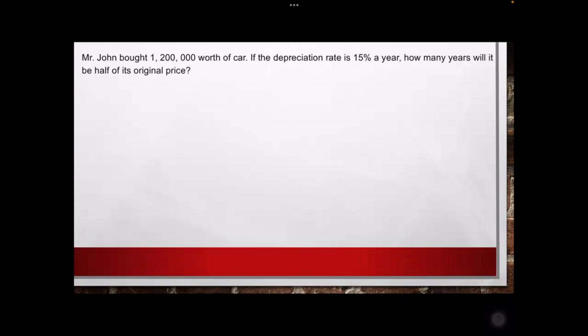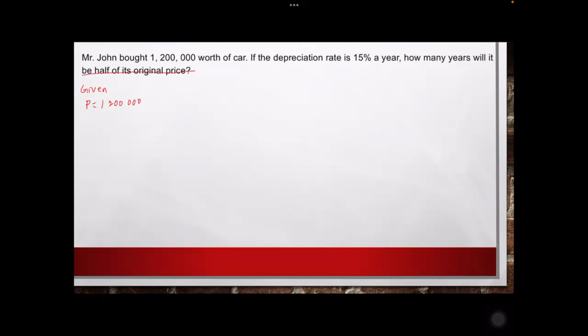So, let's identify the given. Yung P natin dito is the 1,200,000. Tapos, depreciate. So, nakalito, how many years will it be half of original price?